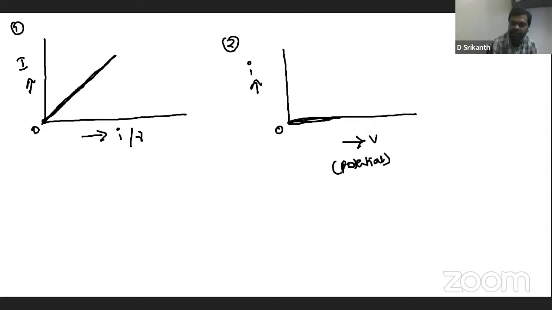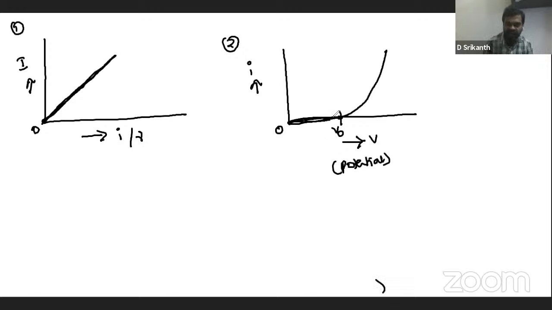Current will be 0. After crossing the minimum potential, that is V naught, as the potential increases, current will also grow.